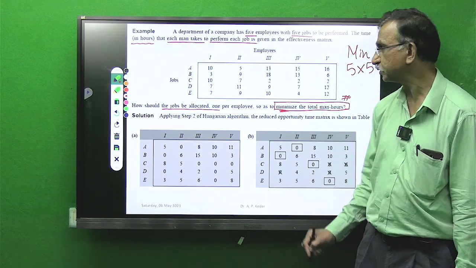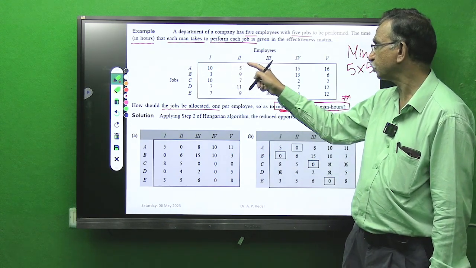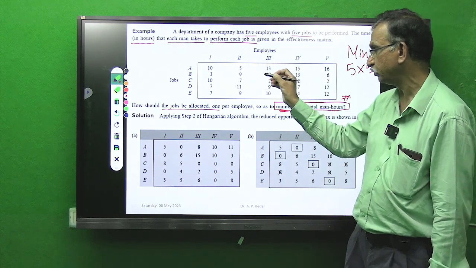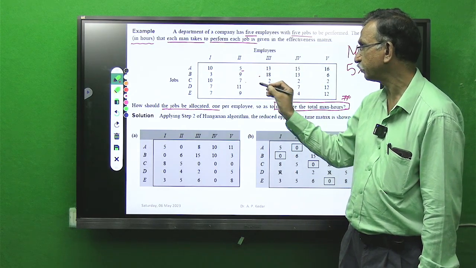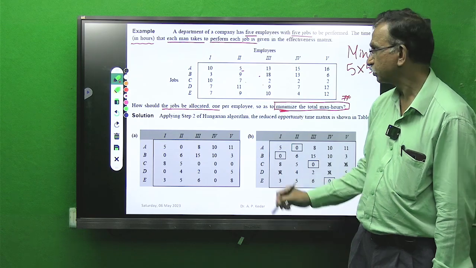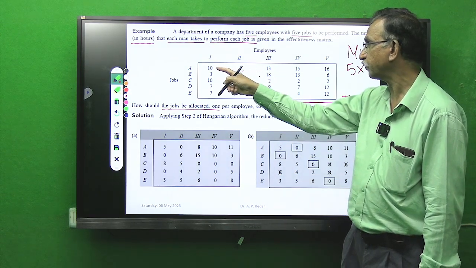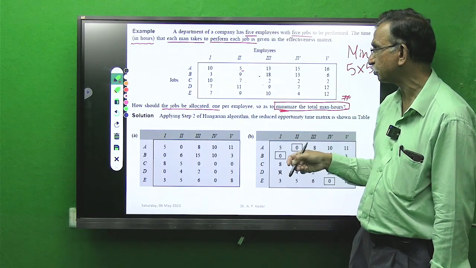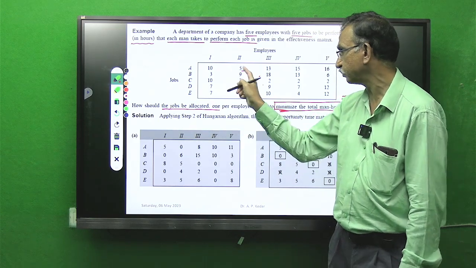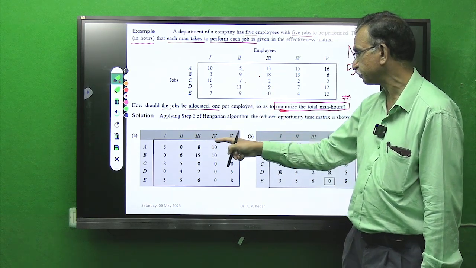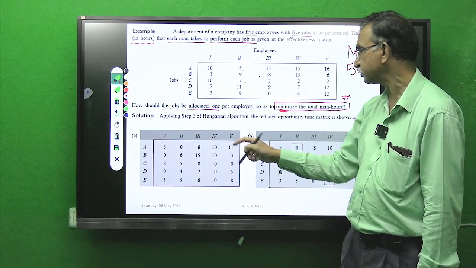How to perform that? From each row identify the minimum value. So here you can see 5 is minimum. So what is to be done? Subtract 5 from all elements of the first row. 10 minus 5 is 5, 5 minus 5 is 0, 13 minus 5 is 8, 15 minus 5 is 10.